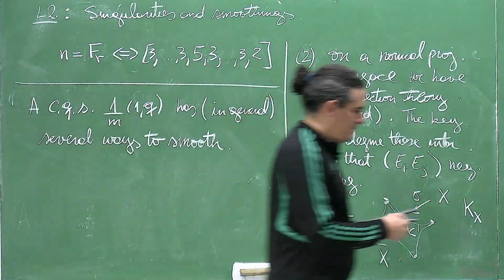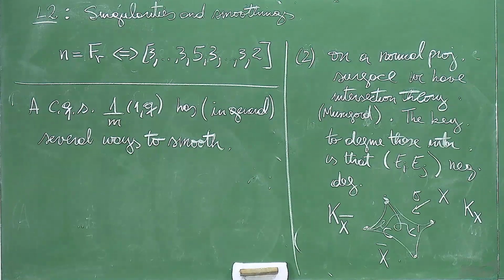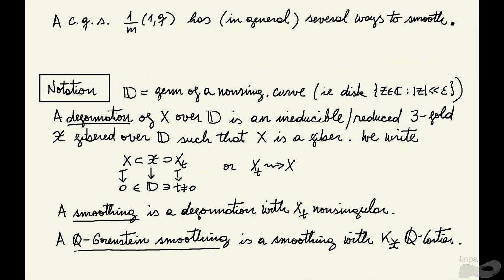But now some notation in relation to deformations. This D is going to be the germ of a non-singular curve. All deformations for me are going to be over D and no other base. Then a deformation of a given X over D is going to be an irreducible reduced threefold, fancy X, which is fibered over D, such that X is a fiber.